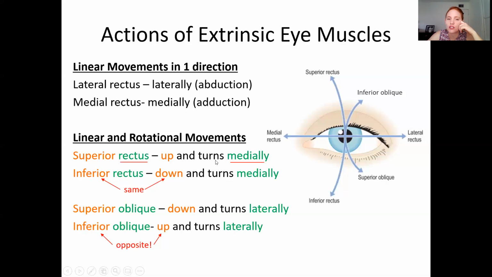So if you see turns medially, turning towards the midline, you're going to think rectus. And if it's turning laterally, you're going to think oblique, and then do your little opposite there. The oblique ones turn laterally, and the rectus ones turn medially.